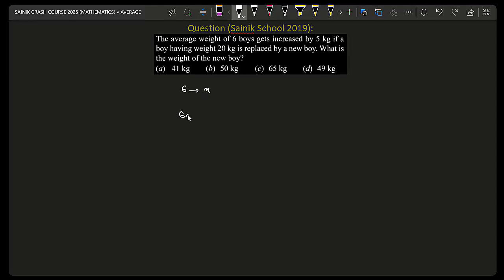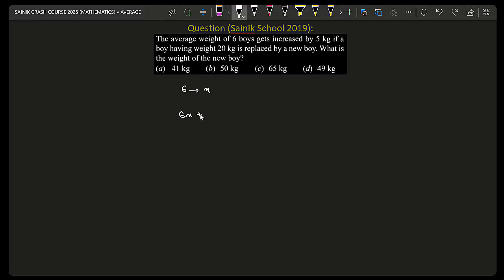Okay, what is the equation we can write according to the question? Sir, 6x plus 30 is equal to... Why 6x plus 30? Sir, the average gets increased by 5, so the sum gets increased by 5 times the number of quantities.